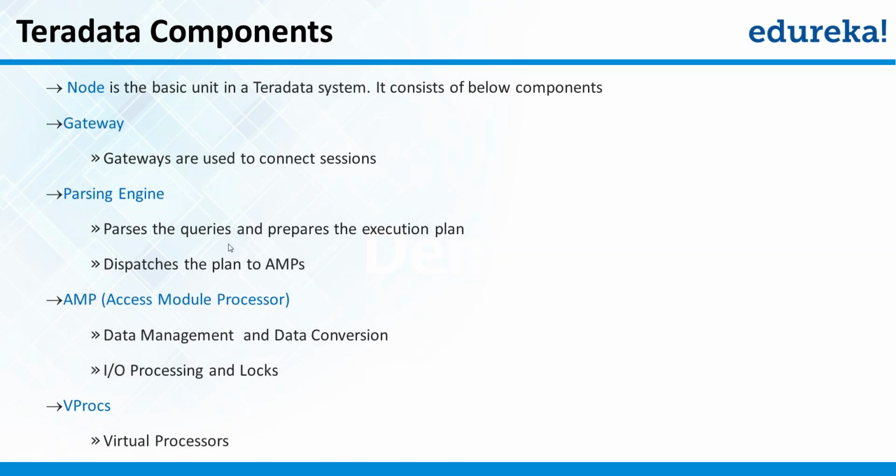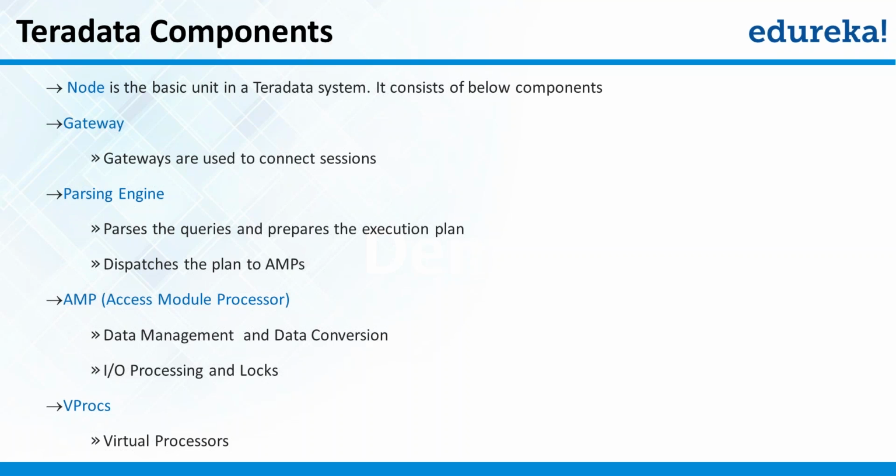Now that we have seen the diagram, let us come back to the slide and see what a node is. The node is a basic unit in the system and it consists of all of these software modules. It has a gateway. The gateway is what allowed me to run the select in the diagram.